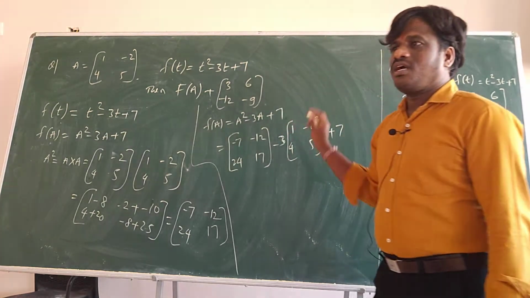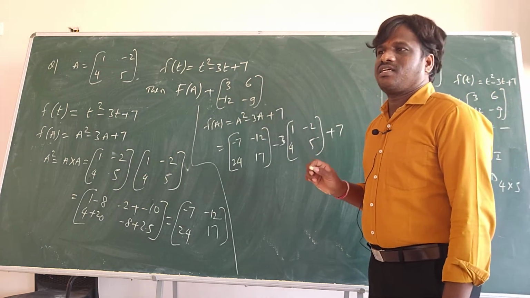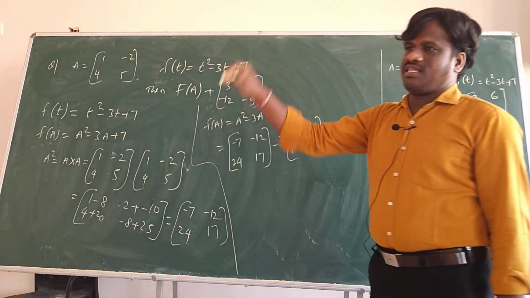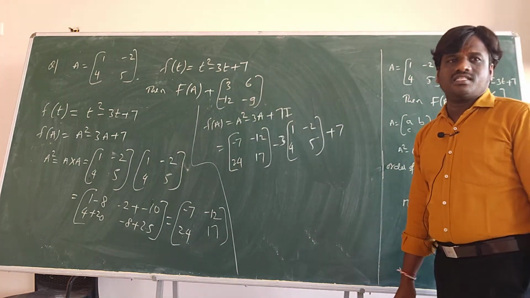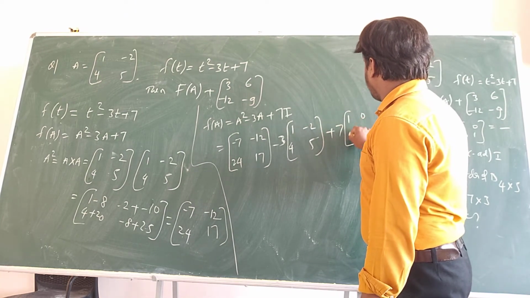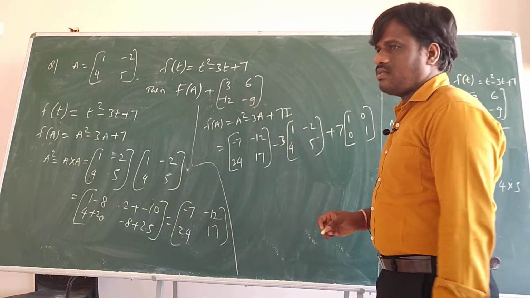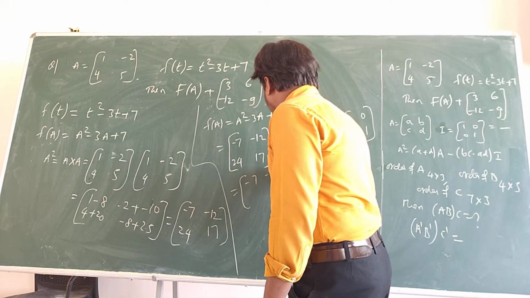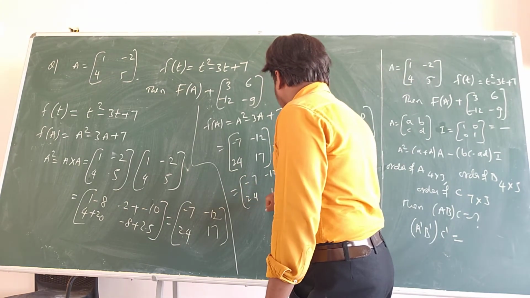How will you write this 7? We write this as 7I. So 7 into I, 1 0 0 1. So what do you get here? Minus 7, minus 12, 24, 17.